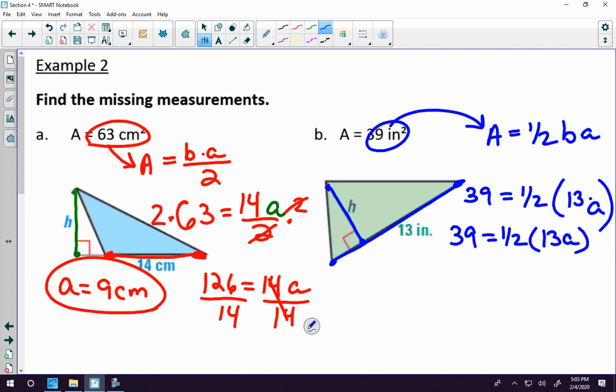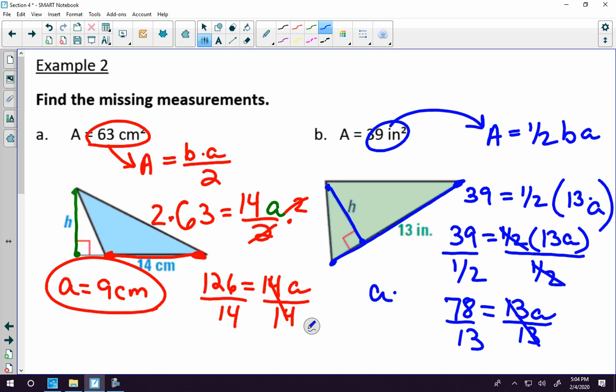If you want to rewrite the triangle equation this way, next thing I would do is divide by half. You could also multiply both sides by 2. I want to show this because a lot of times students will say, well, 39 divided by half, our answer's got to be smaller. But wait a minute, we're dividing by 1/2. So if we're dividing by 1/2, our answer better be bigger than 39. In fact, when we're dividing by 1/2, we better double 39. So it's got to be 78 equals 13 times A. Divide both sides by 13.